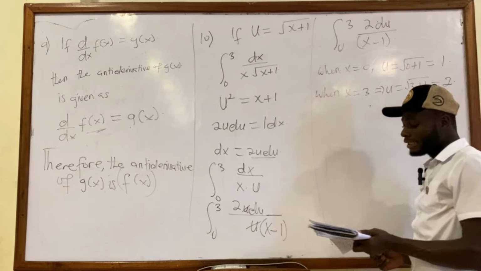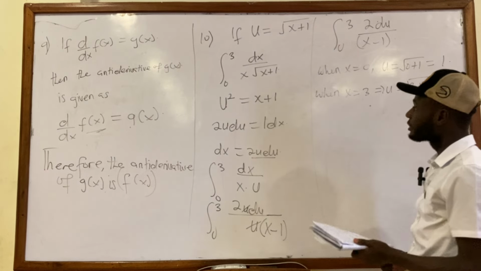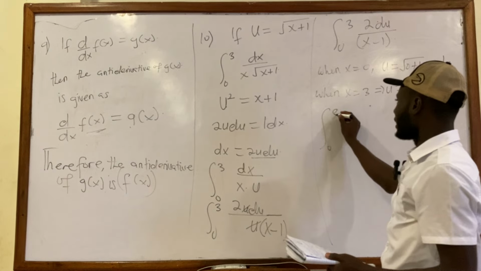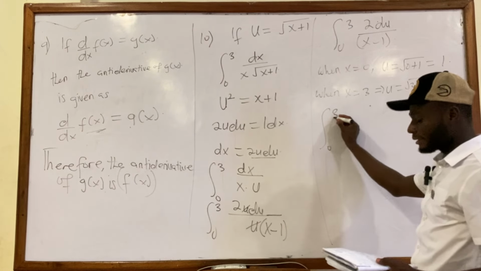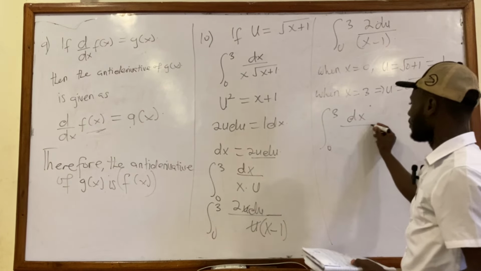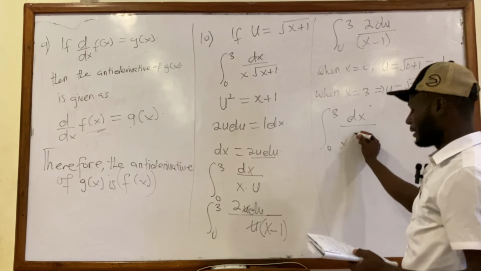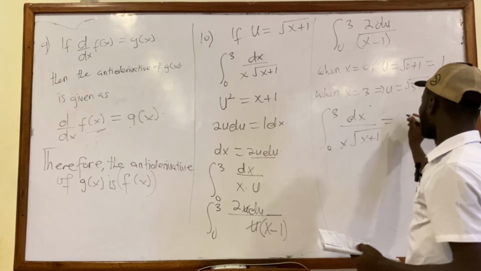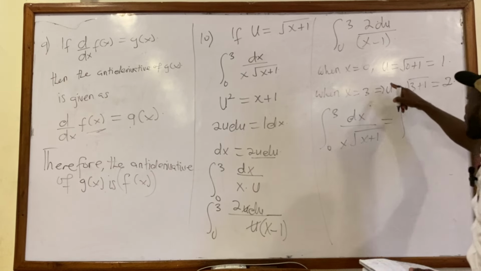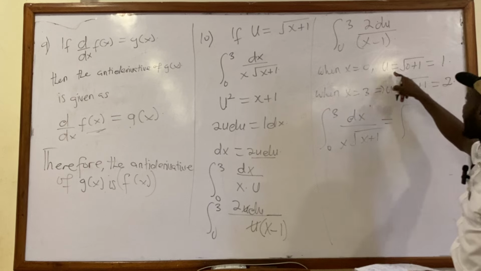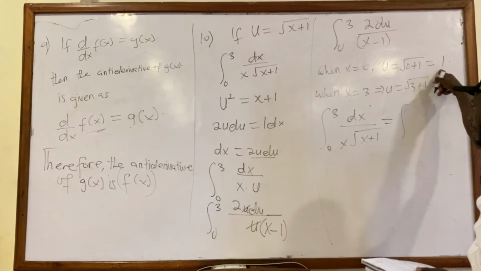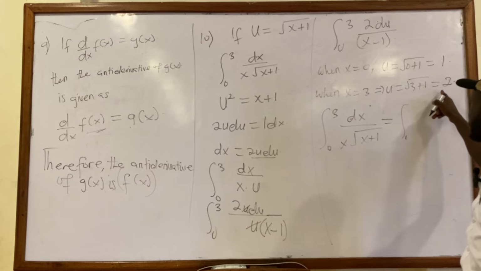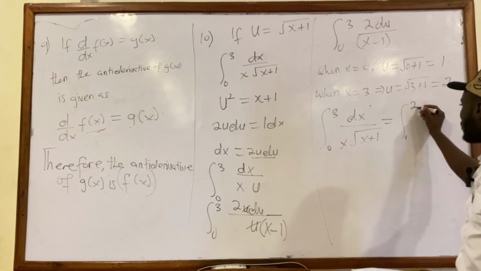So putting in these limits, the integral from 0 to 3 of dx over x root of x plus 1 is equal to the integral where, when x was 0, u was 1, so we have 1 here, and when x was 3, u was 2, so we have 2 over here.